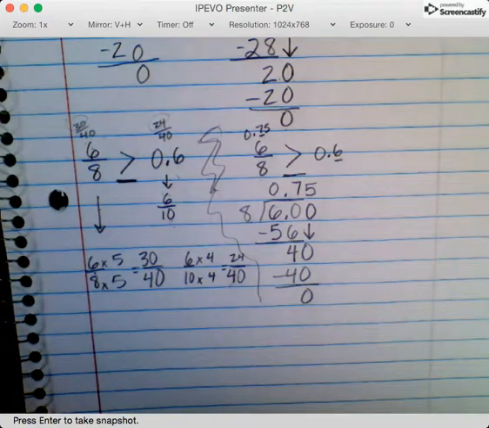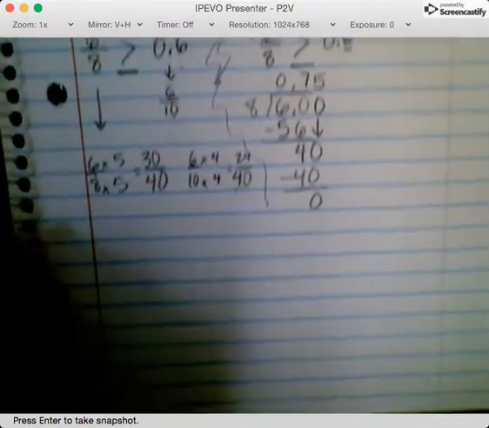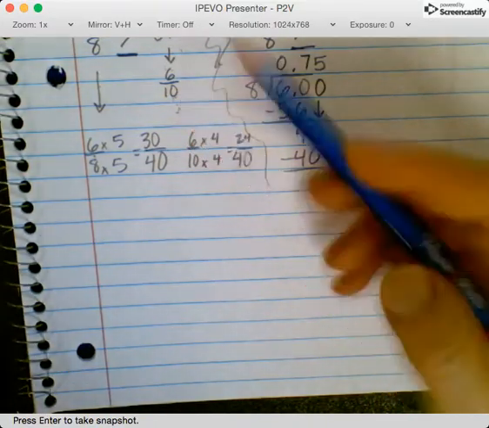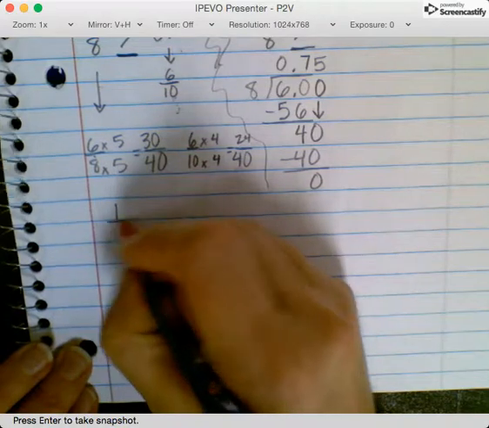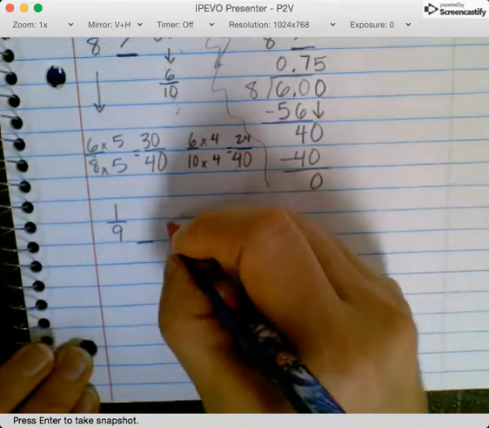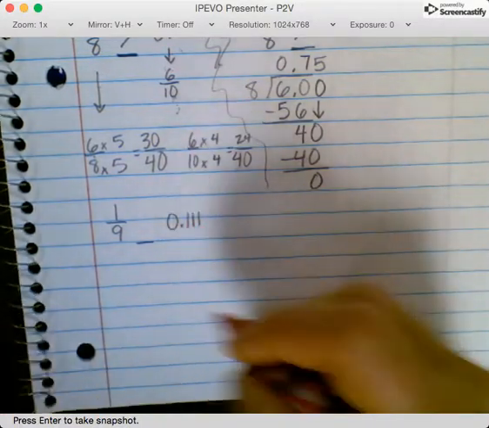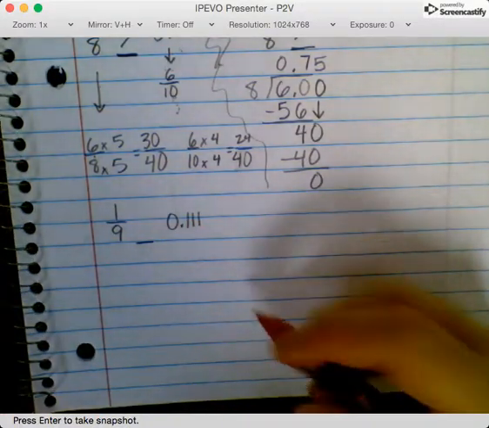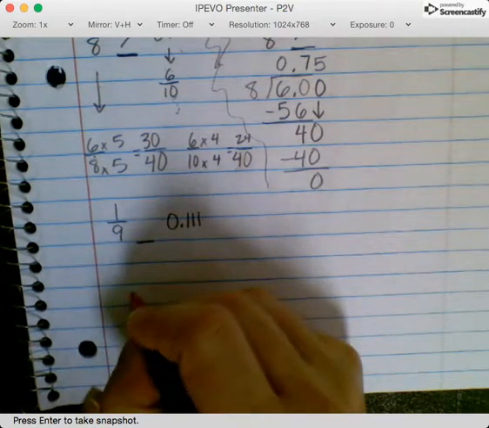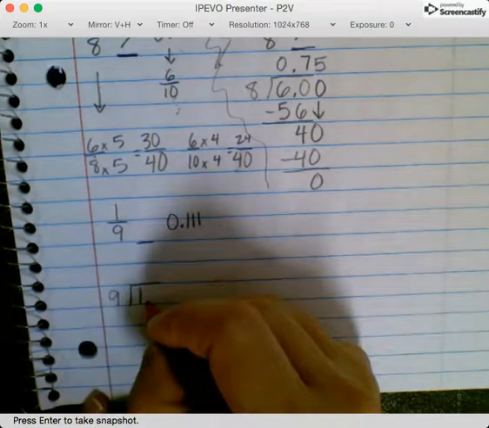Okay, so let's come up with another example for each type. Let's do another comparison example first. And you'll notice most of the time I prefer to change my fractions to decimals just because a lot of times it's easier. Sometimes my decimals do not come out evenly when I do that, but most of the time it gives me a pretty good idea.